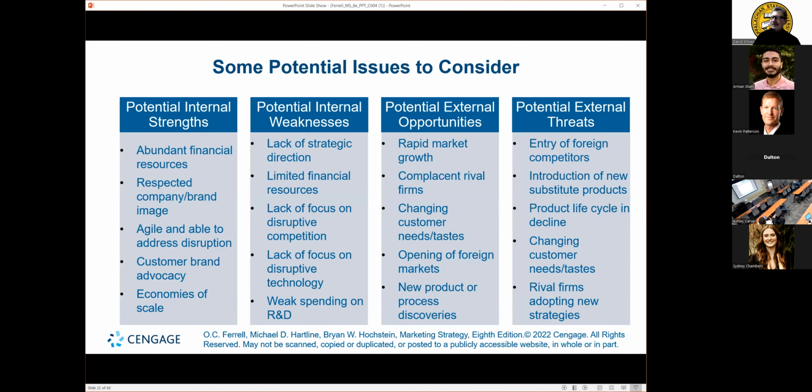In other words, you have customers that are what are known as marketing mavens. These are individuals who become cheerleaders for your particular firm. And then you can have organizations that tend to be agile. In other words, they can handle disruptions.